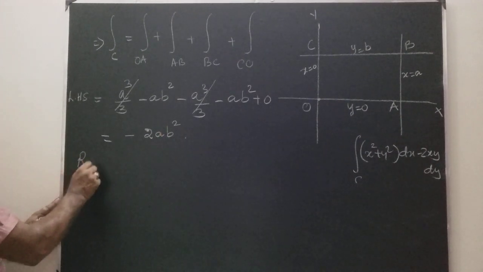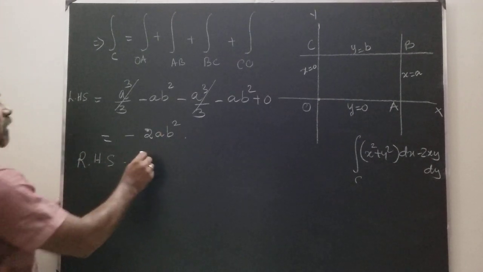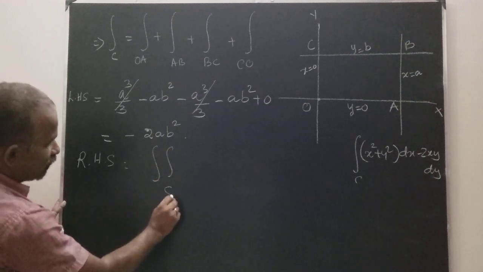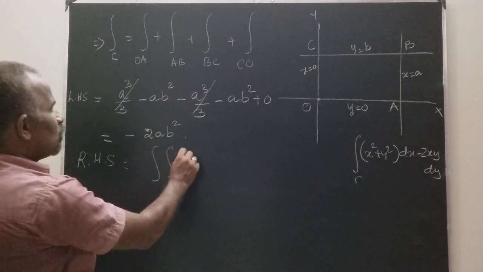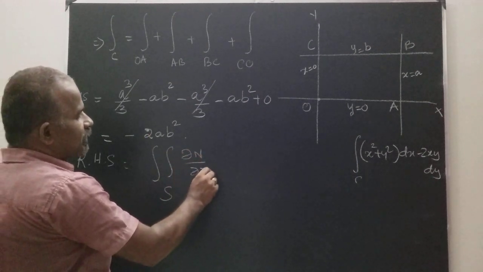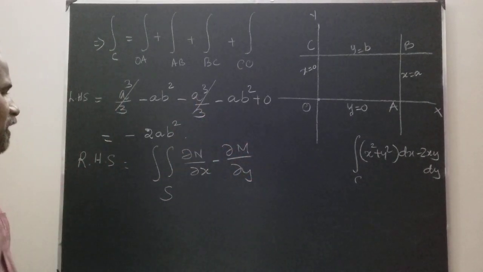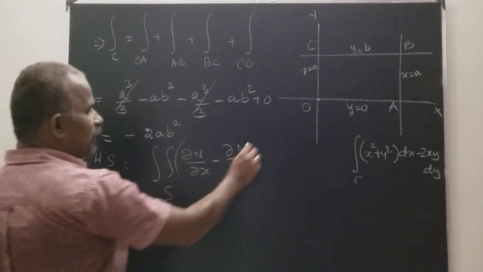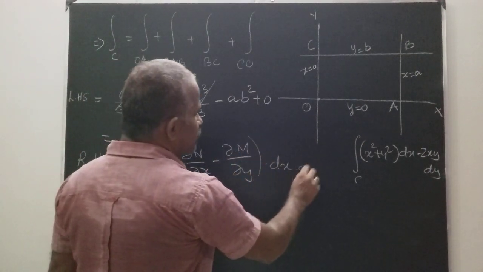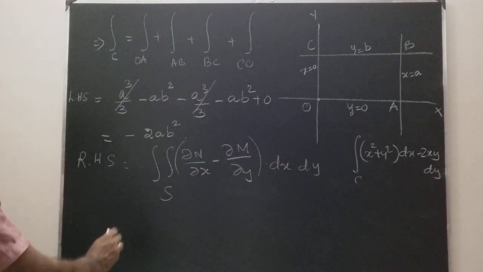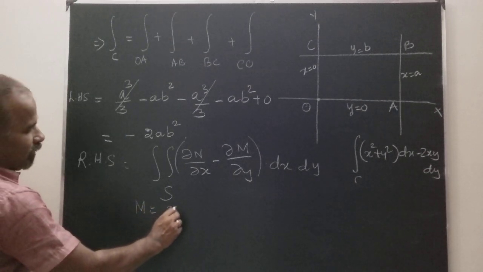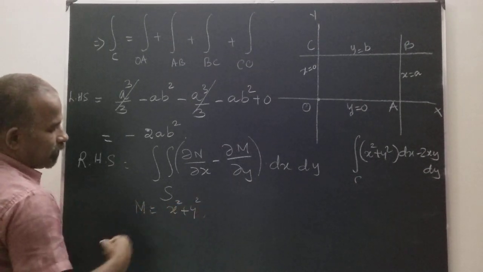So the right hand side is equal to the double integral over the surface S of dou N by dou x minus dou M by dou y into dx dy. M is equal to x squared plus y squared.